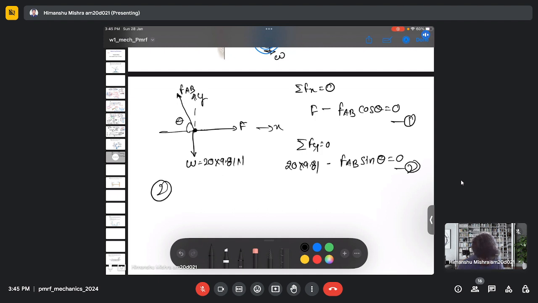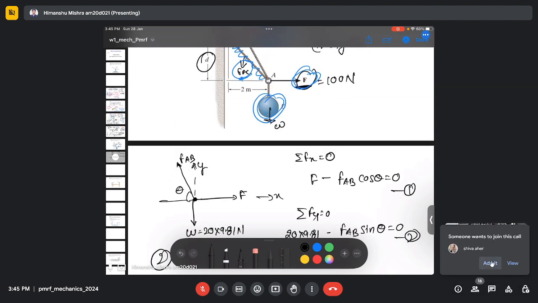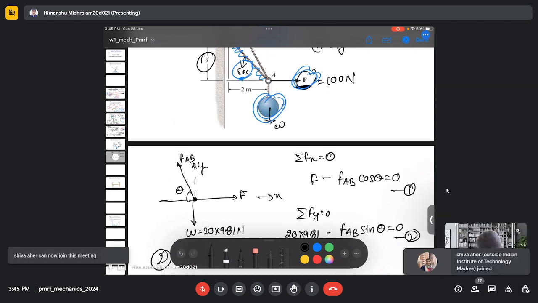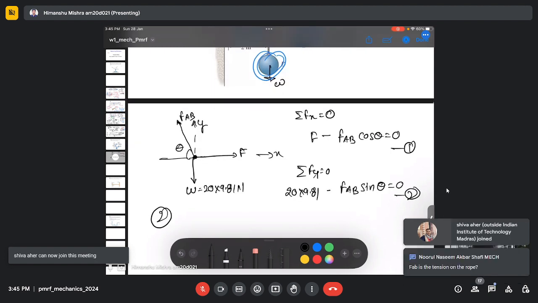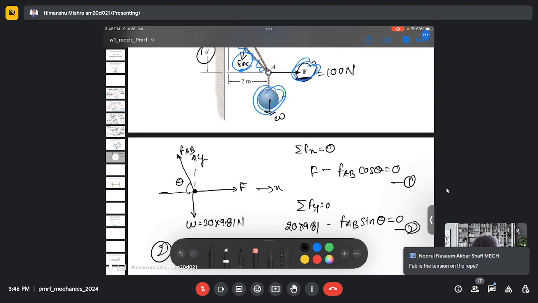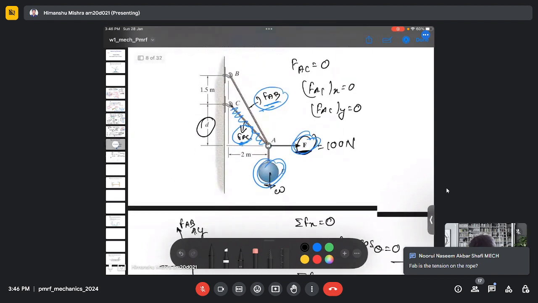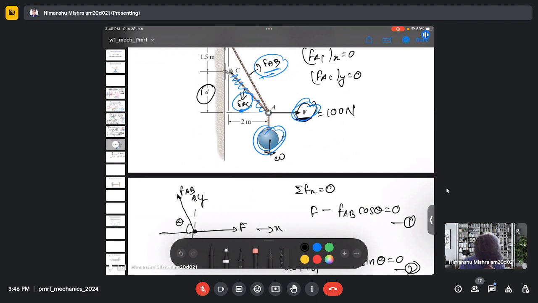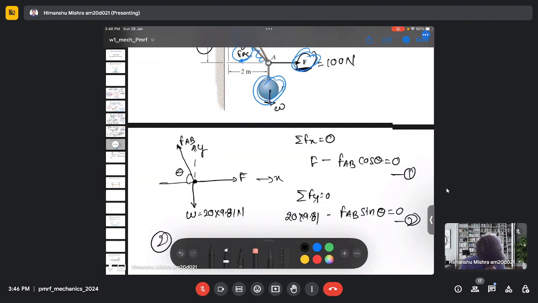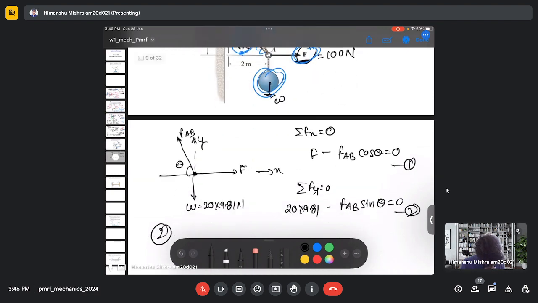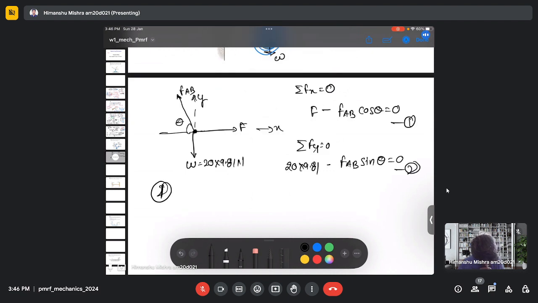So let's consider equation 1 only. It will be 100 equals FAB cos theta.